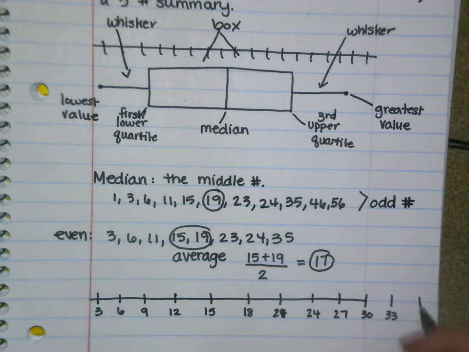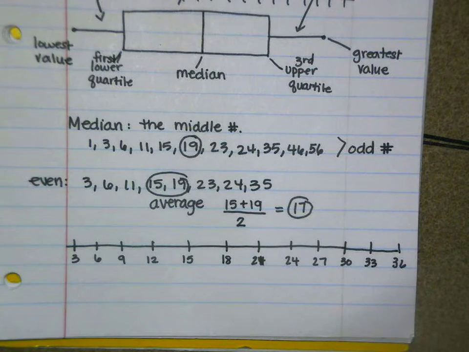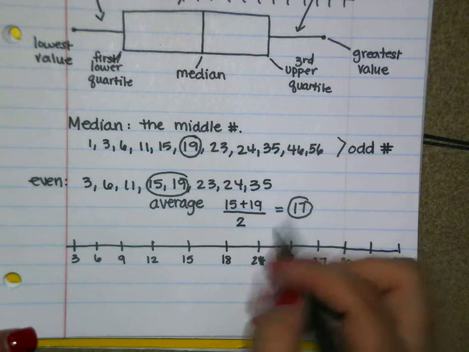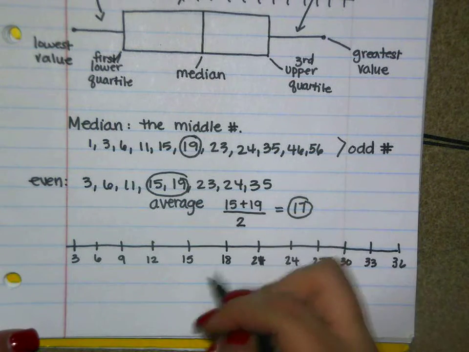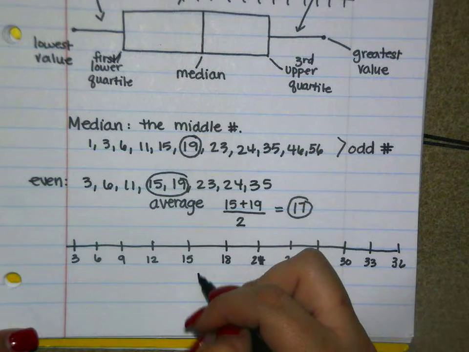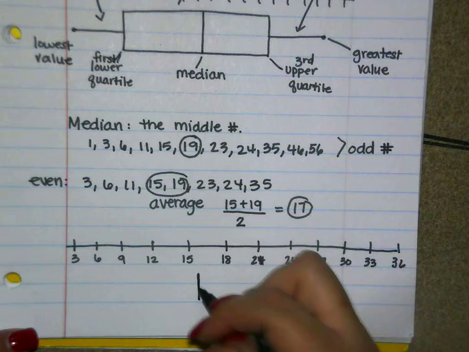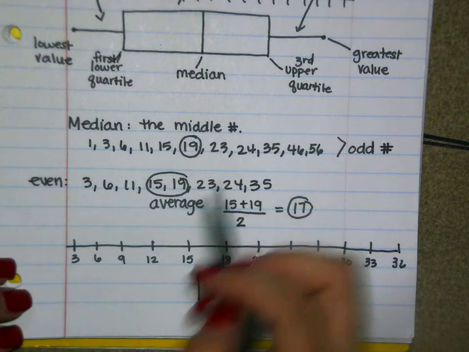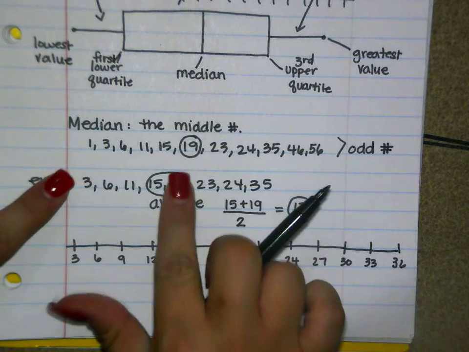And we would have all these, so let's do a box and whisker plot. We know the median is going to be at 17. So we would have our line, and we're going to do this underneath somewhere about 17. Let's say it's right about there, okay? Then we're going to look at the stuff on the left side to find the next section of the box, and we're going to find the median of the left side of the data.